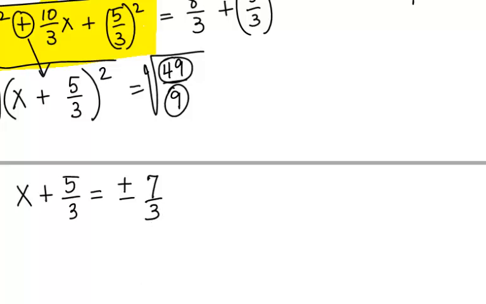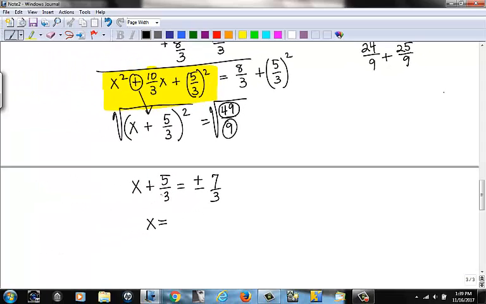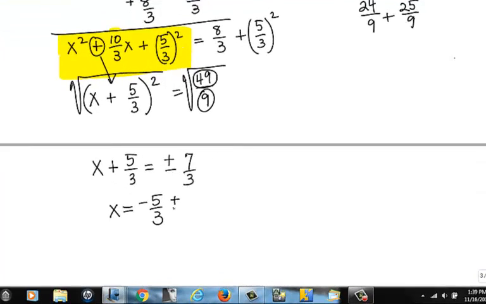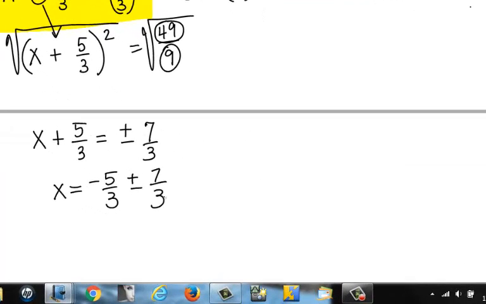Now, same thing. Those of you that are ready, just subtract 5. Like I would take the 5/3 over. So it's a negative 5/3 plus or minus 7/3. Now, there's two answers there. It's negative 5/3 plus 7/3, so that would be 2/3.